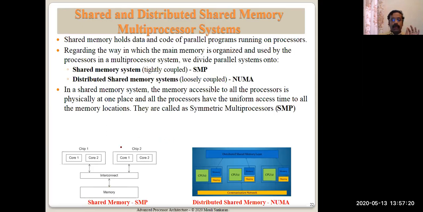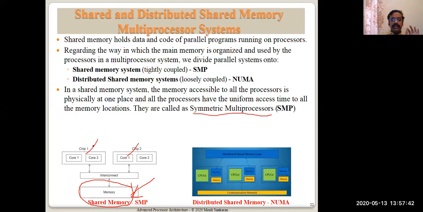So if multiple processors are connected to a single physical memory and all of them share the same address space, then such a multiprocessor system is called a symmetric multiprocessor. It's an SMP system.